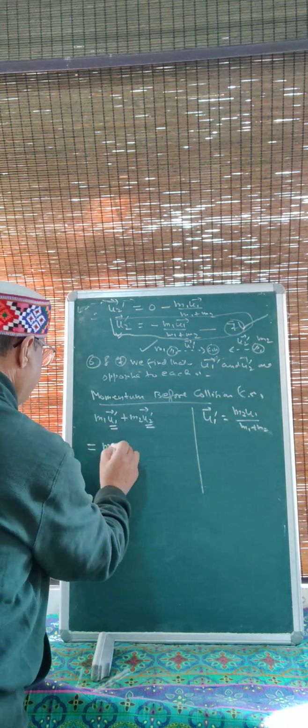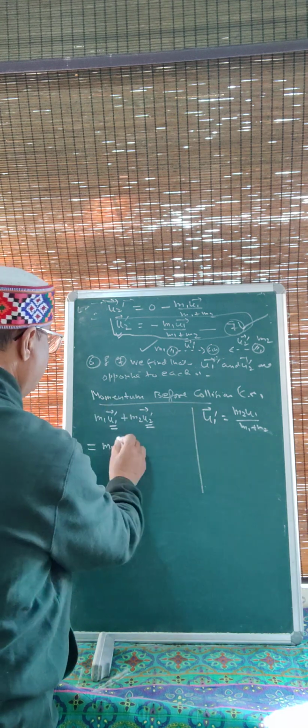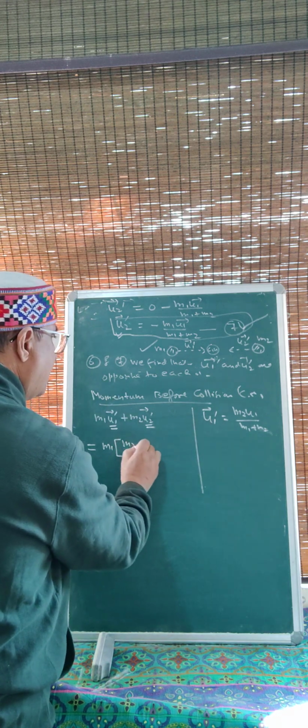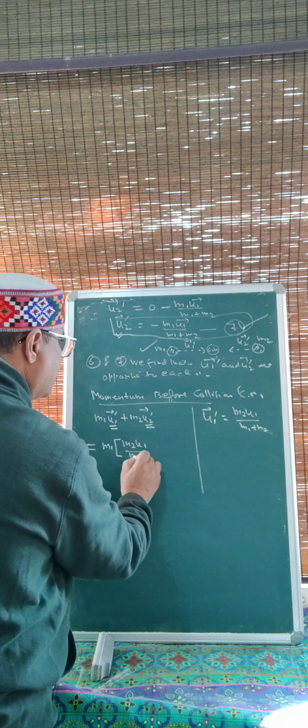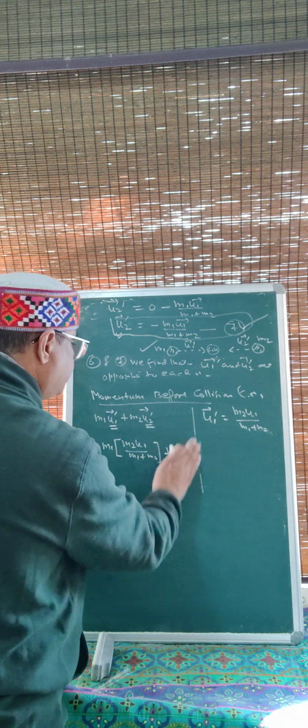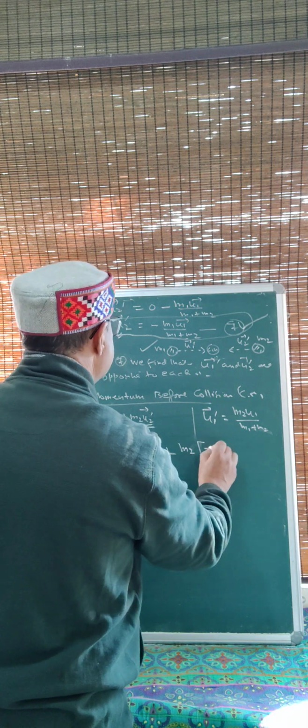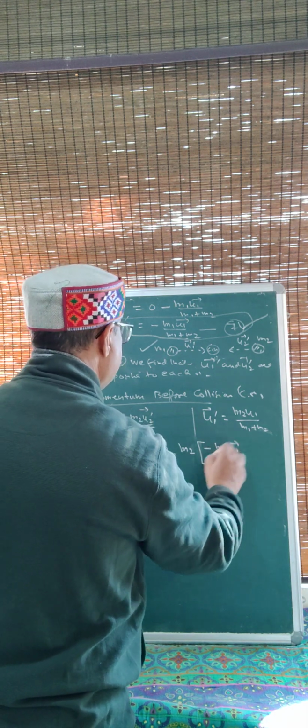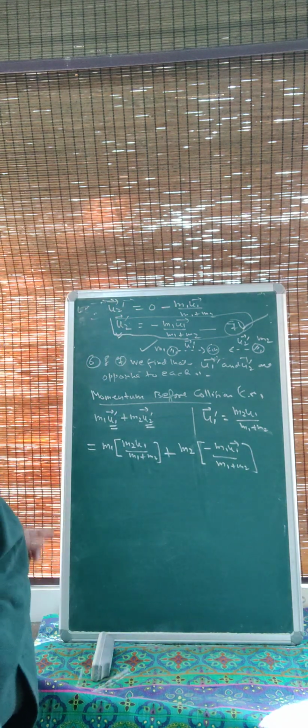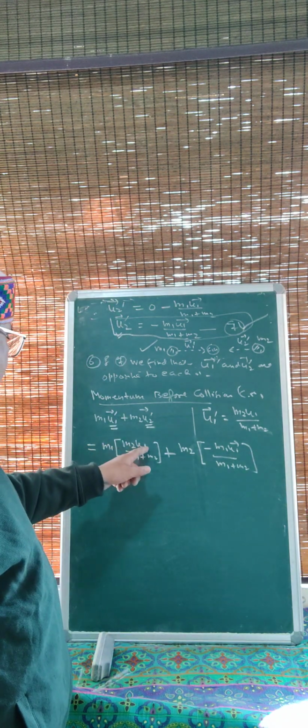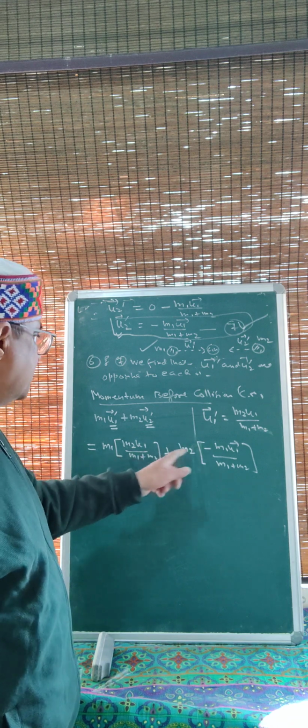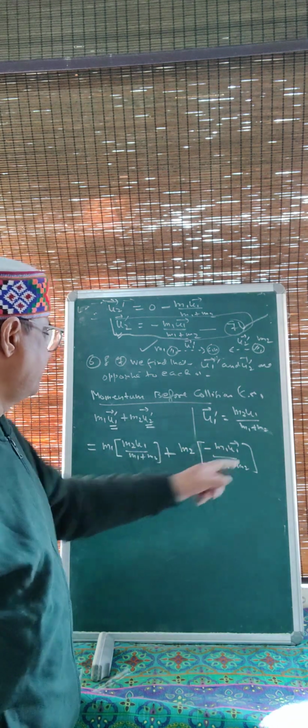This is equal to m1, put the value of u1 dash. u1 dash की वैल्यू क्या है? m2 u1 over m1 plus m2, plus m2 u2 dash. ये u2 dash आपके पास है minus m1 u1 over m1 plus m2. तो ये क्या बन गया? m1 m2 u1 over m1 plus m2, minus m1 m2 u1 over m1 plus m2.